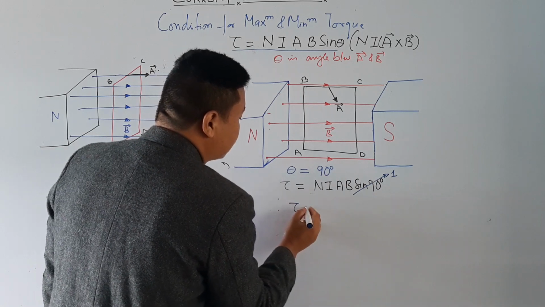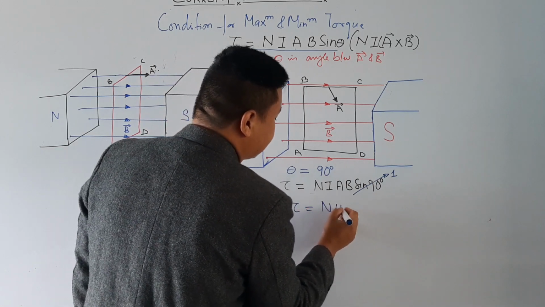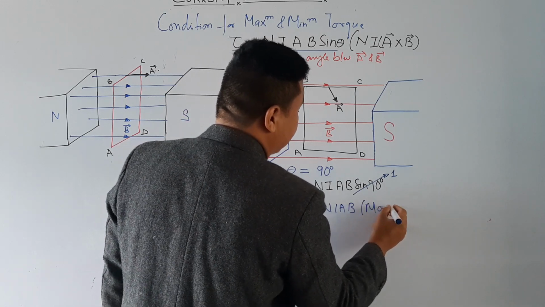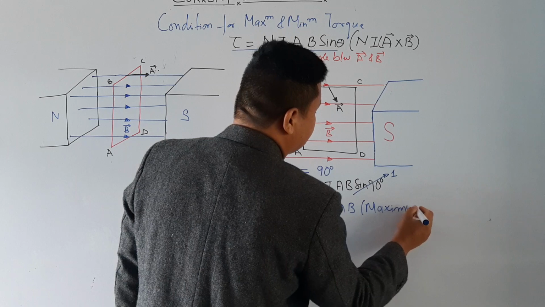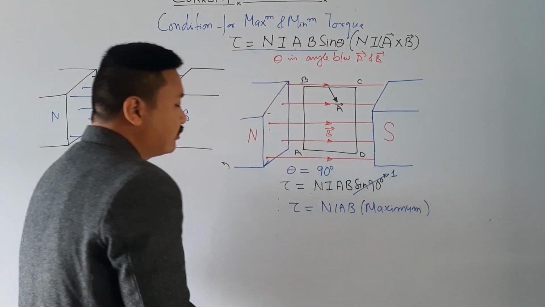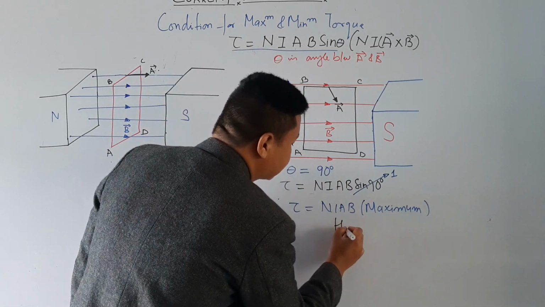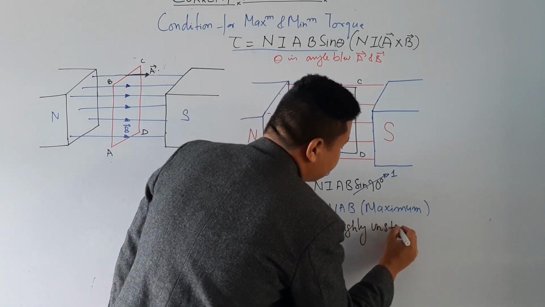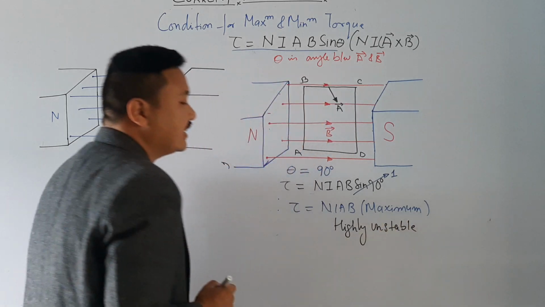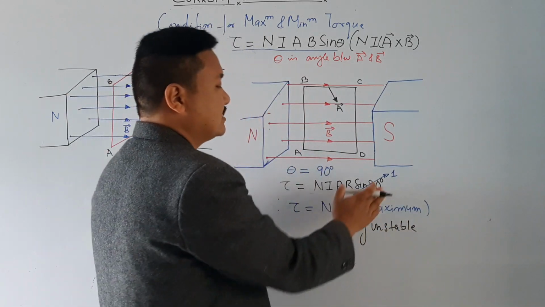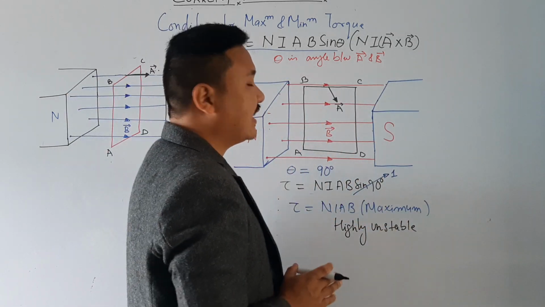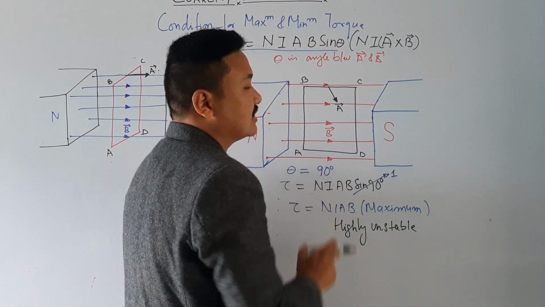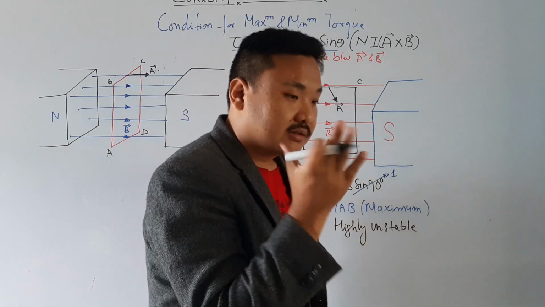Therefore, this tau must be n I A B, and which is maximum. Maximum condition, or we can also say highly unstable, because it is 90 degree. So please remember, when the angle between A vector and B vector is 90 degree, the coil will have the maximum torque.